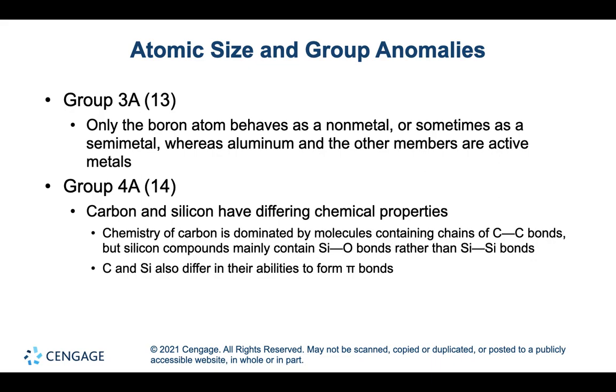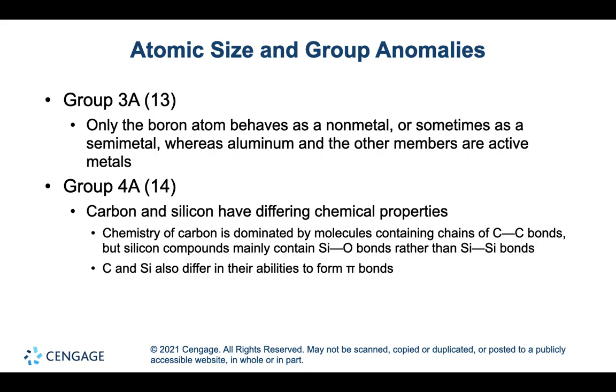Carbon is different from silicon, though, because carbon is dominated by forming mainly chains of carbon-carbon bonds. Silicon tends to form either silicon-oxygen bonds in silicates or things like quartz, or silicon-silicon bonds if it's purified to make a silicon crystal, which is used in a semiconducting chip for electronics.